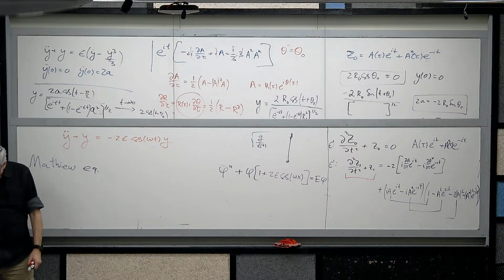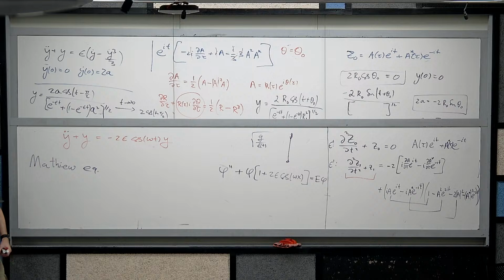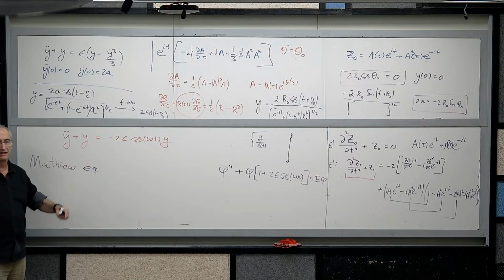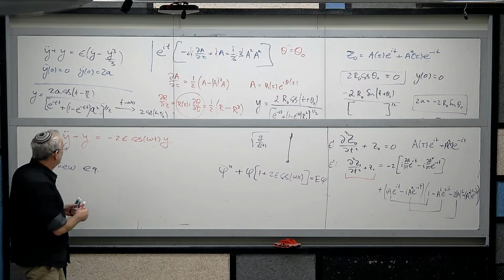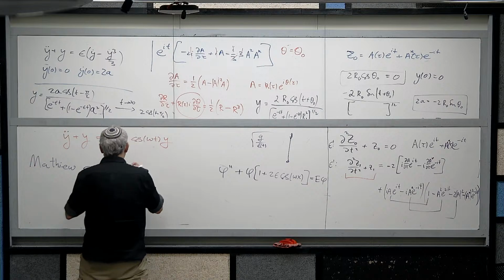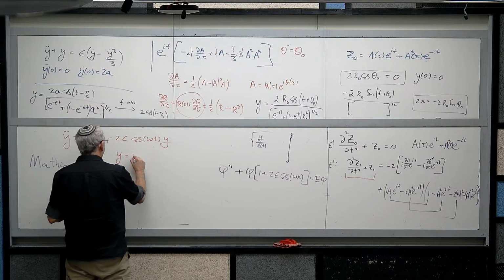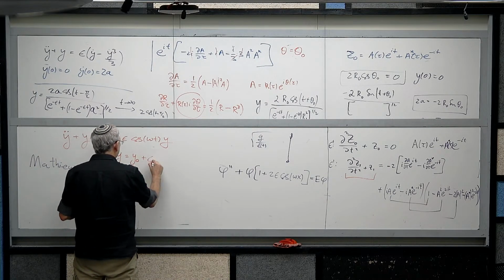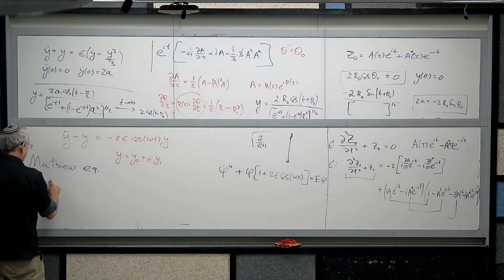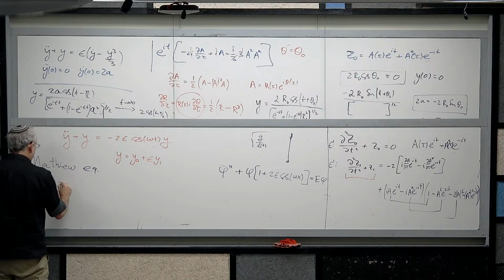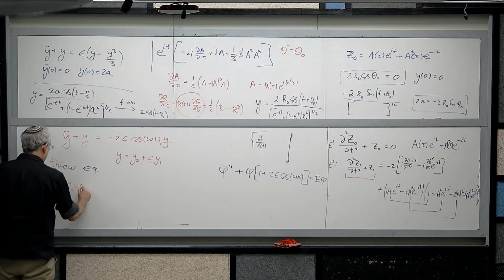So okay, what will happen now if we try to implement the naive perturbation theory? Not the two-time, the naive one. Right? So in the naive one, we are going to write y as y naught plus epsilon y1. And when we plug y naught here, we get y naught double dot plus y naught equals 0.